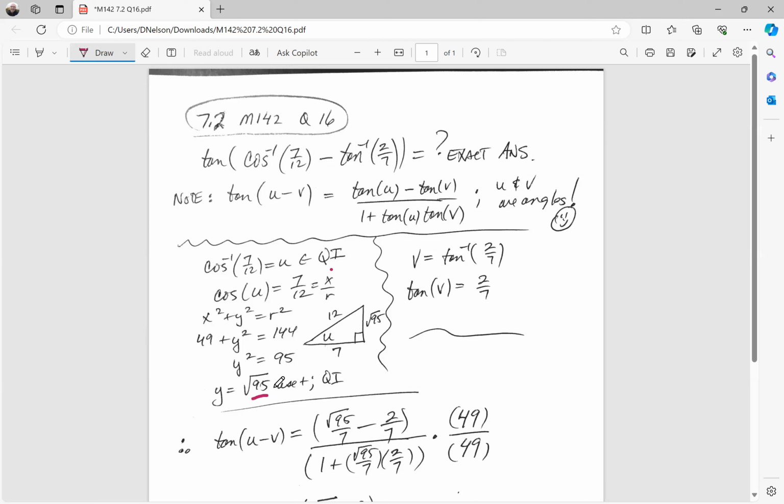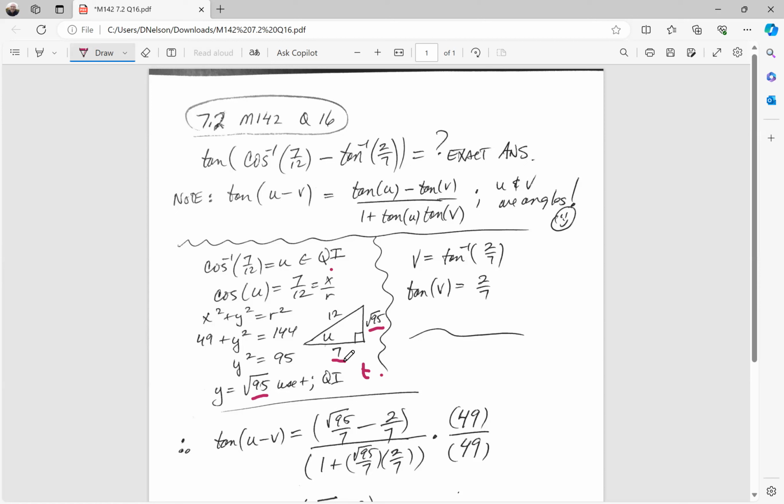So I know that the y value is the square root of 95. And so then I know that the tangent of u would be the opposite, square root of 95, divided by 7.